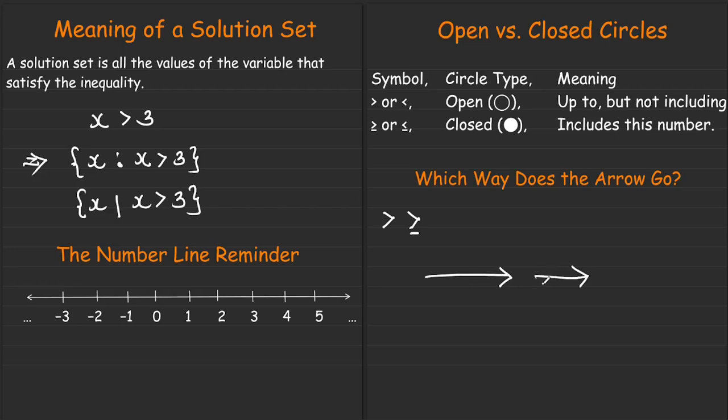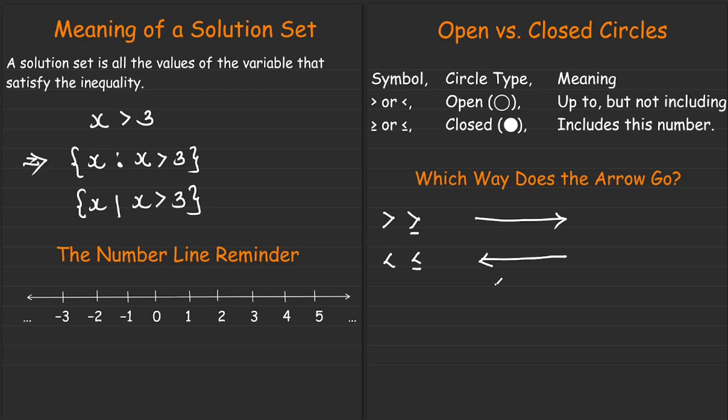Which direction does it point? It points to the right. So for greater than, or greater than or equal to, the direction is always to the right. Then when it comes to less than or less than or equal to, the direction is always to the left. So these are the tools we need to represent inequalities on a number line.